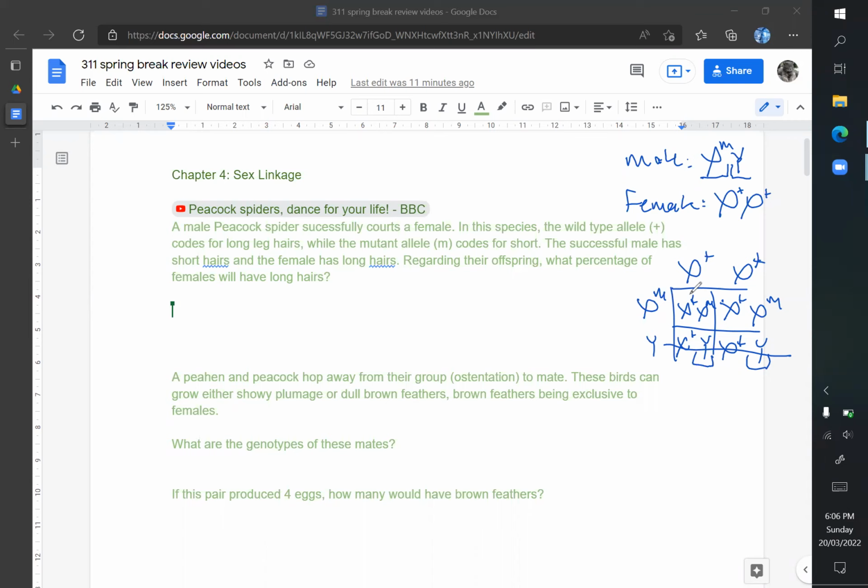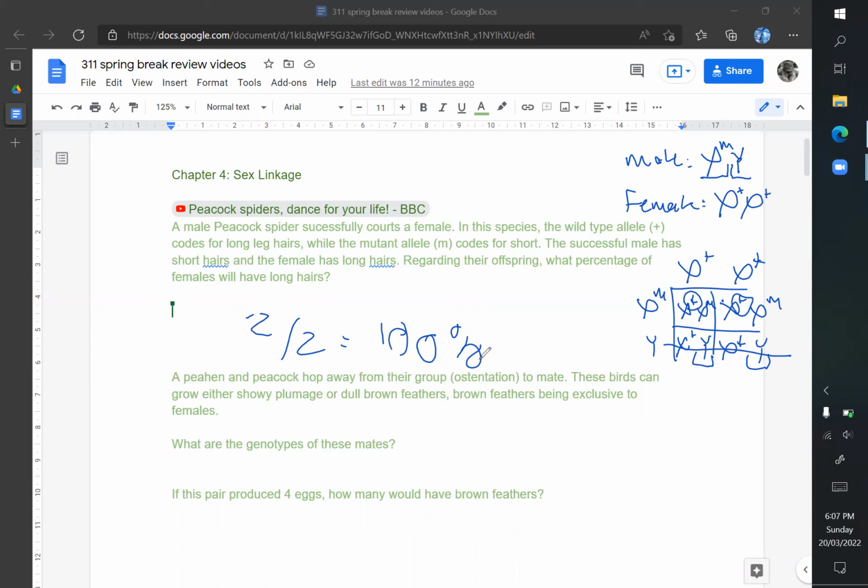Long hair is wild type, it's dominant. So as long as we see the wild type, this plus and this plus, we will see a female with long hair. And so what percentage of females have long hair? Obviously, we see out of the two females, two of them have long hair. So 2 divided by 2 is 100%.